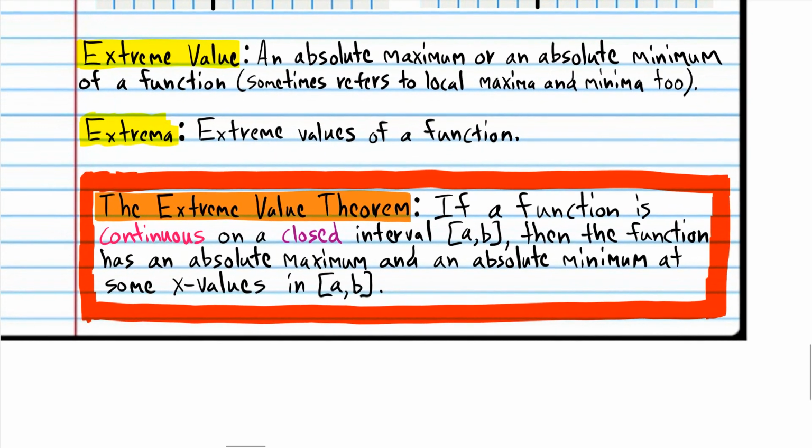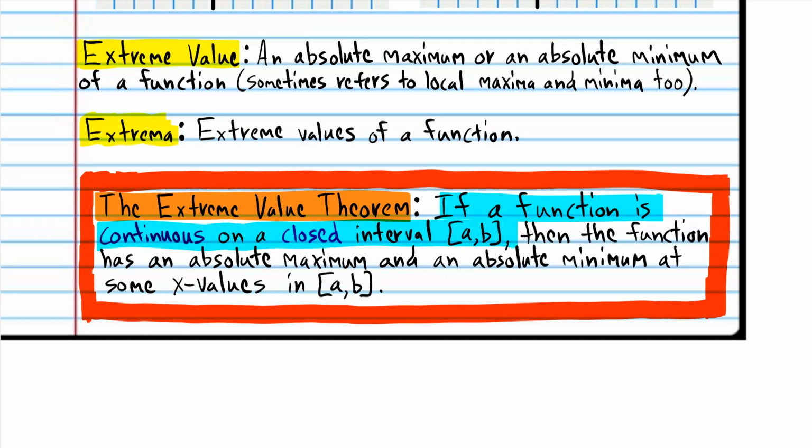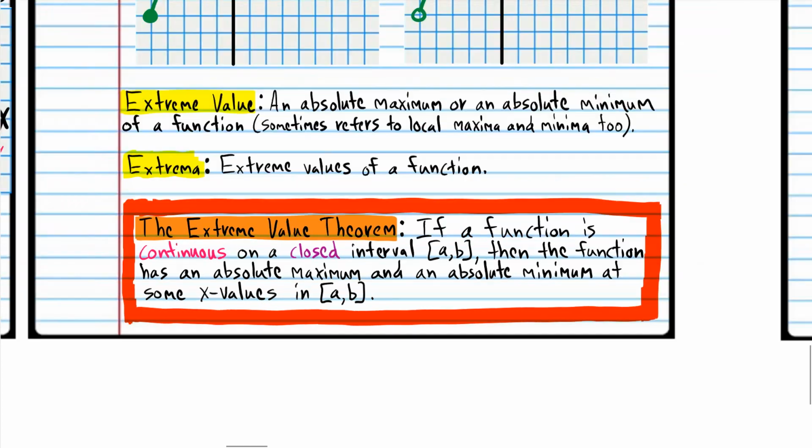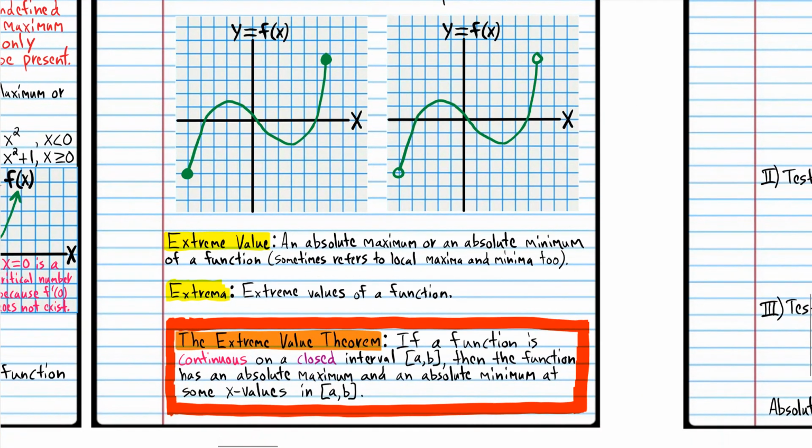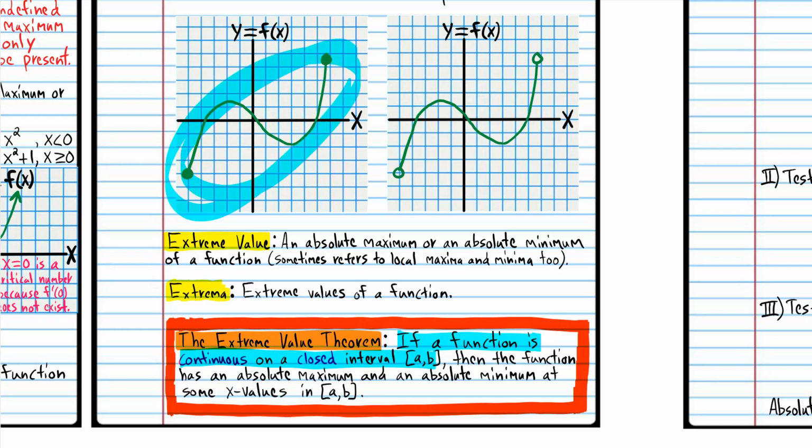Now we have something called the extreme value theorem that tells us that if a function is continuous on a closed interval, meaning the endpoints are not holes, that would be in this case over here, like what we see here, then the function has an absolute maximum and an absolute minimum at some x values in a comma b.